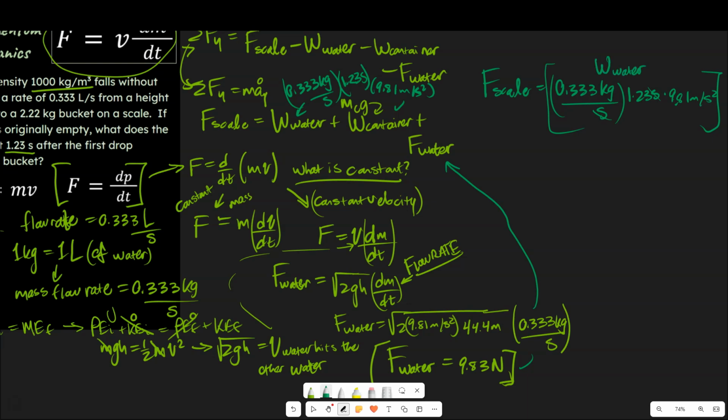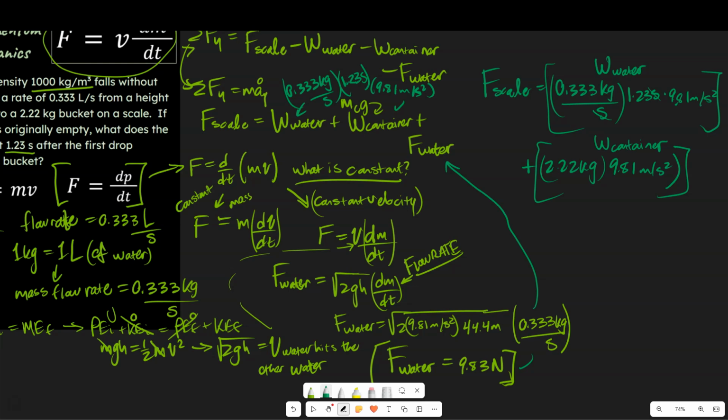Alright, so then what else do we have? Well, we've got the weight of the container. That's really easy. So we're just going to say plus the mass of the container. Well, that is 2.22 kilograms times 9.81 meters per second squared. And that is going to be the weight of the container.